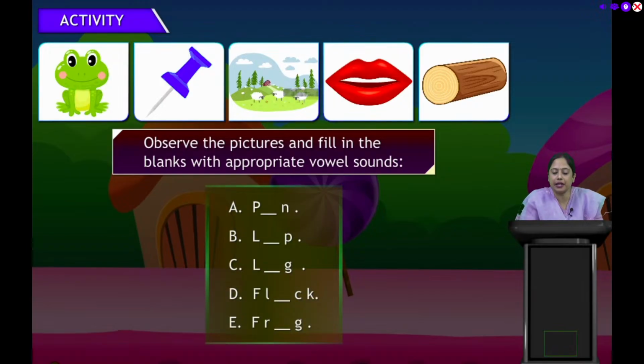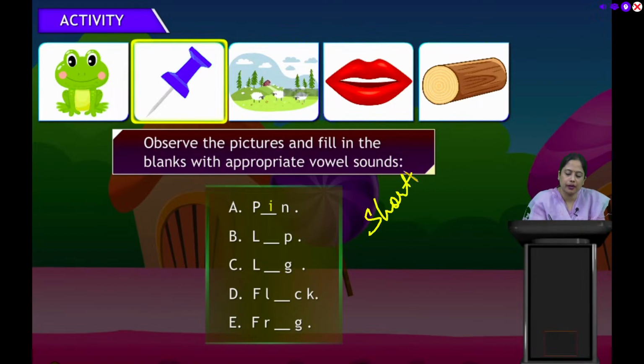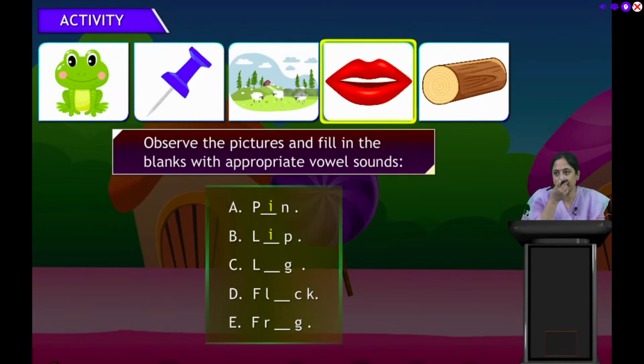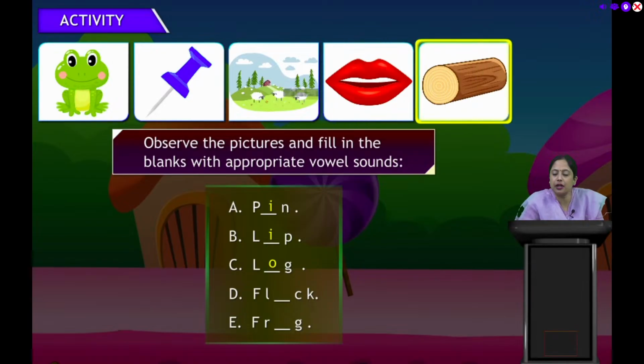The first one is pin. P-I-N, pin. Is it short or long? It is the short sound. The next one, L-I-P, lip. Say all of you, lip. Is it short or long? It is the short I sound. The third one is L-O-G, log.